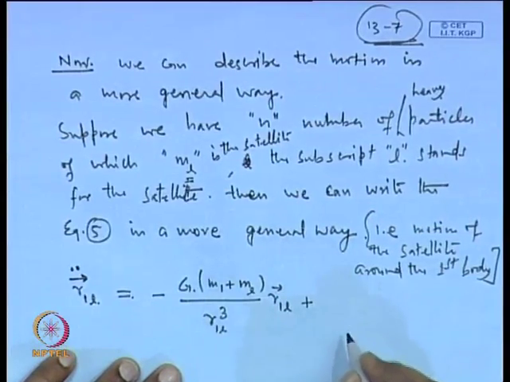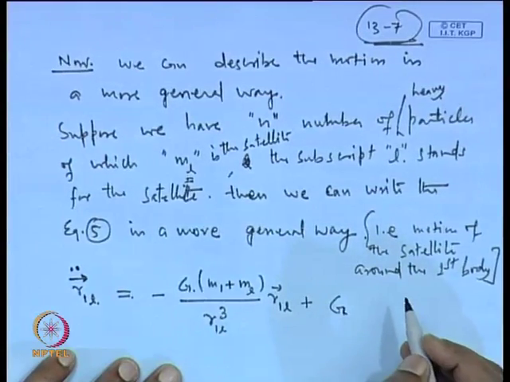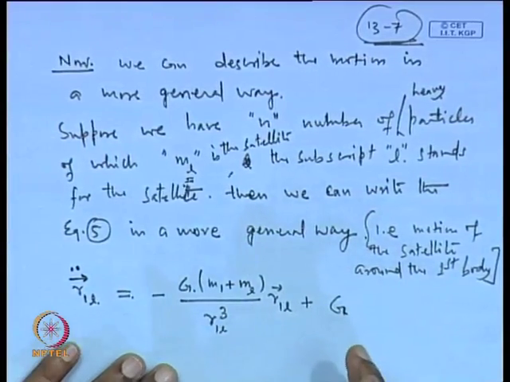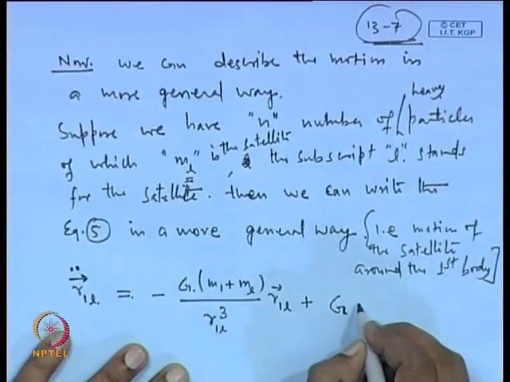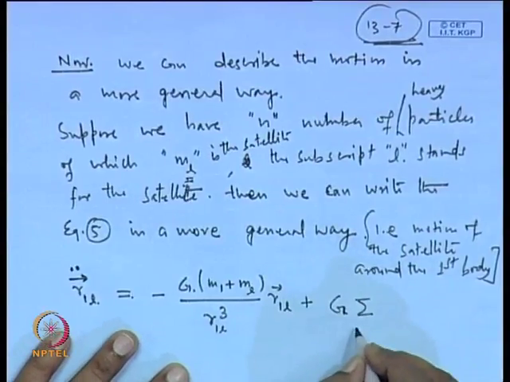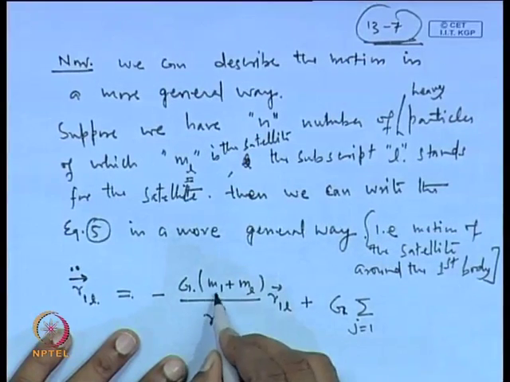And then we will have terms where, instead of only the sun being present, there are a number of other massive particles present. So, all of them will be acting as a perturbation on the motion of the satellite around the primary body, which is the mass m1. So, we can write here G times summation, j is equal to, so first body we have already taken.